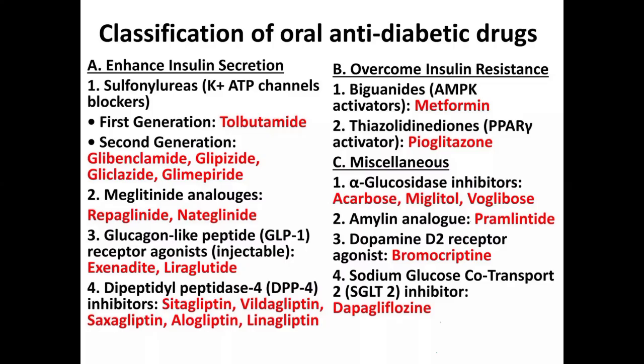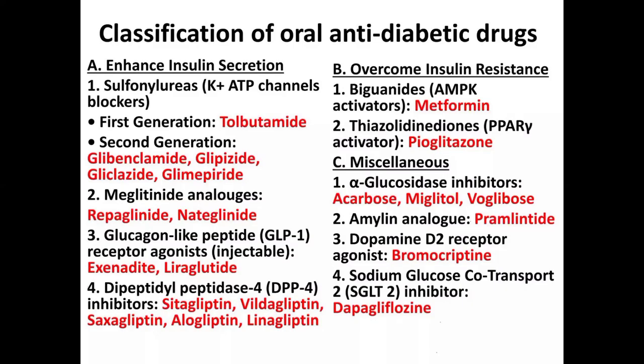The best example for amylin analog is pramlintide. Then the third class is the dopamine D2 receptor agonist, categorized under the miscellaneous class. The best example for this is bromocriptine.